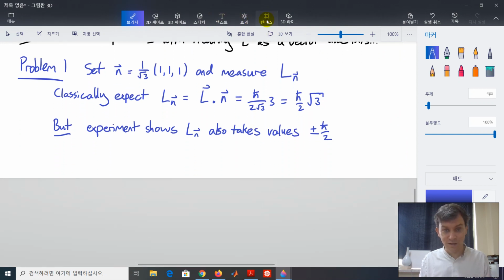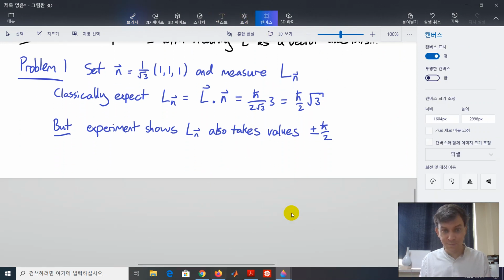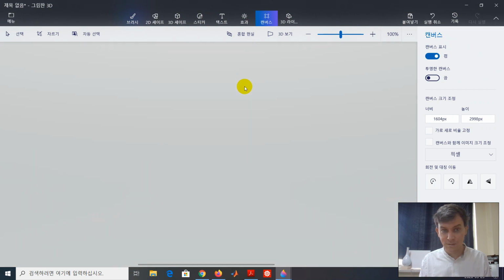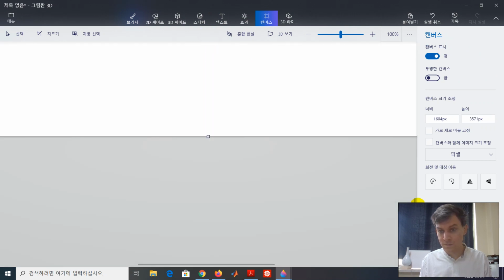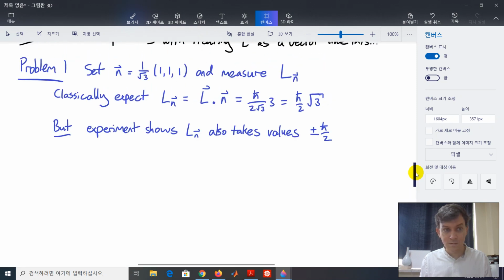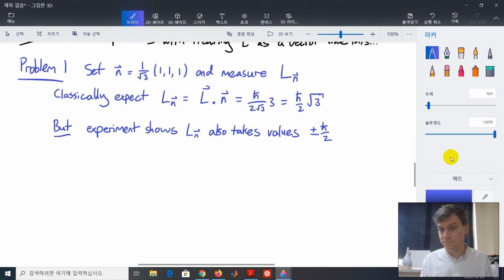Now I will describe for you a second problem, and this problem comes from repeated measurements. Let's suppose we do something similar to what we did above.